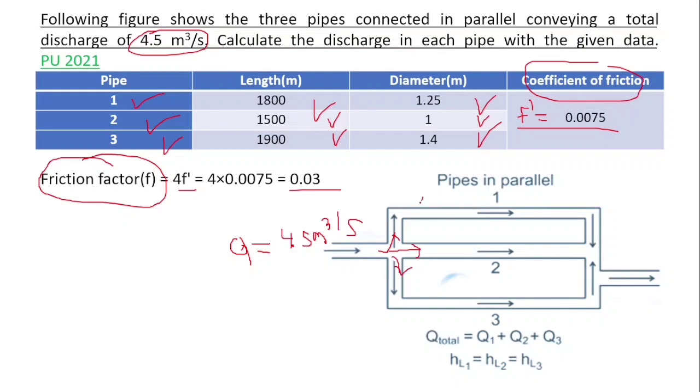So this is Q1 and this is Q2, and discharge in pipe 3 is Q3. So Q total or Q is equal to Q1 plus Q2 plus Q3, and head loss in all 3 pipes are same and equals to HF or HL.